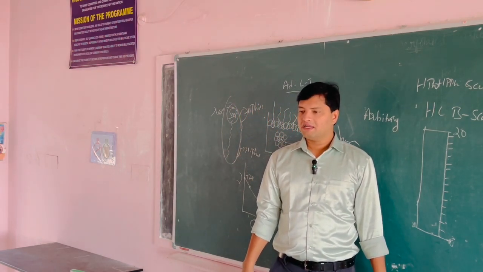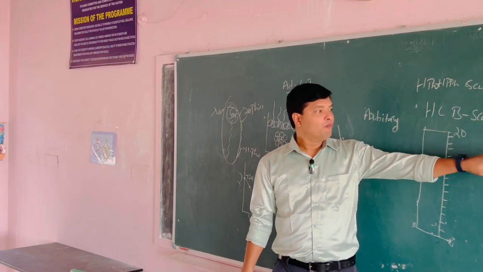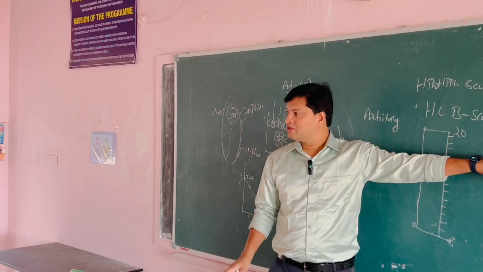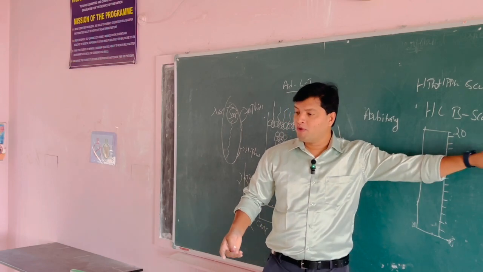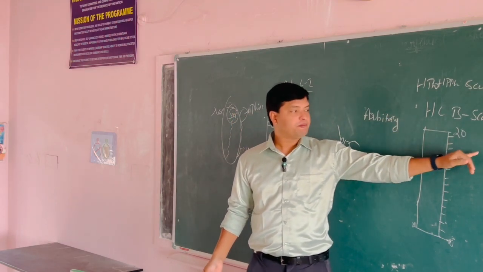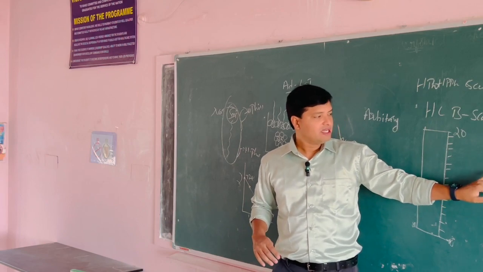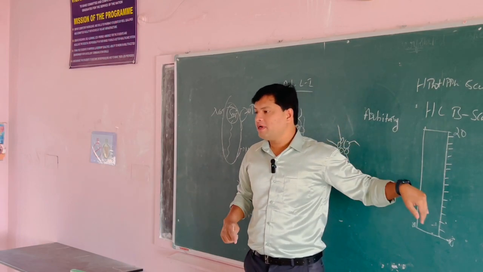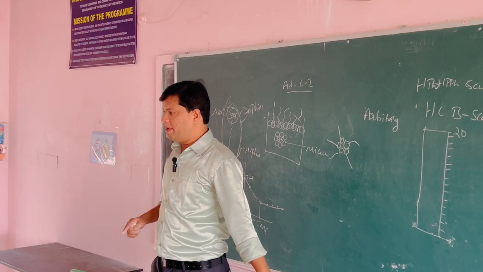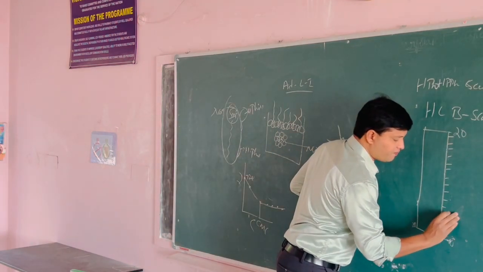More quantity of water should be there, hence you need more hydrophilic. So you want a higher HLB number to prepare an oil in water emulsion. Very good, you got it. Okay, in water in oil, oil is more, hence you want lipophilic to be more. So this will fall here.